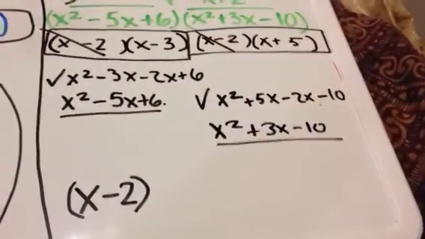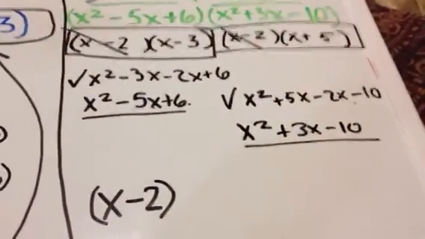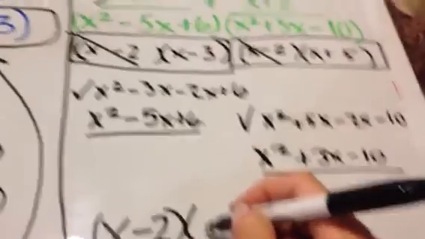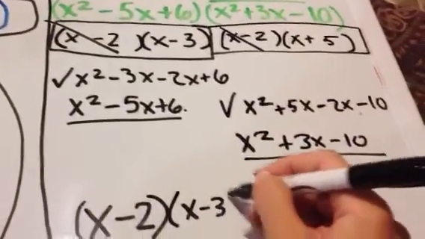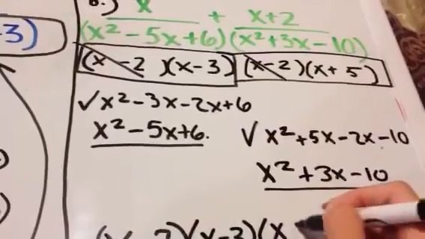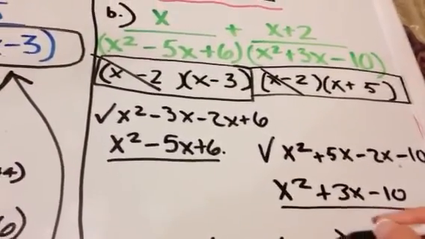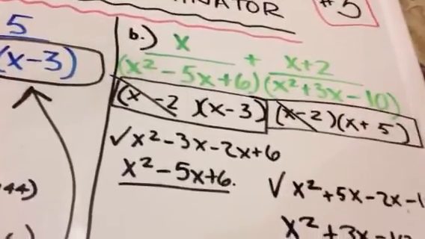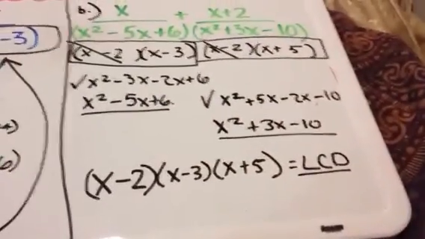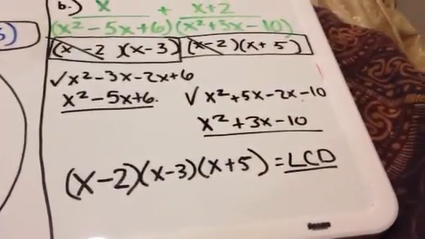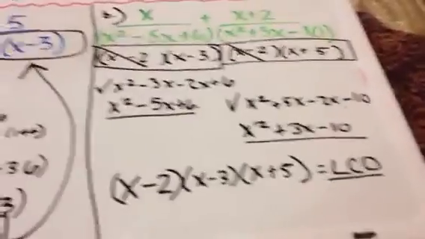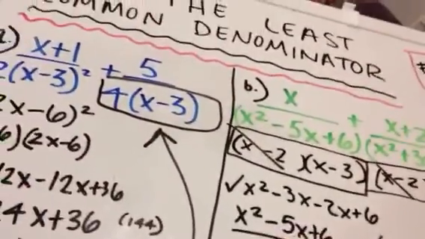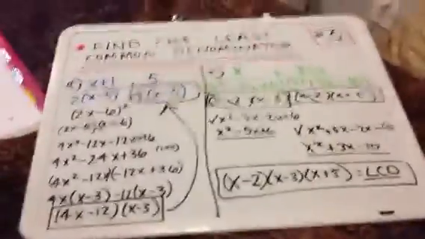Now we have x minus 3 and x plus 5, so we take both. And that is your LCD. And these are your answers for number 3.